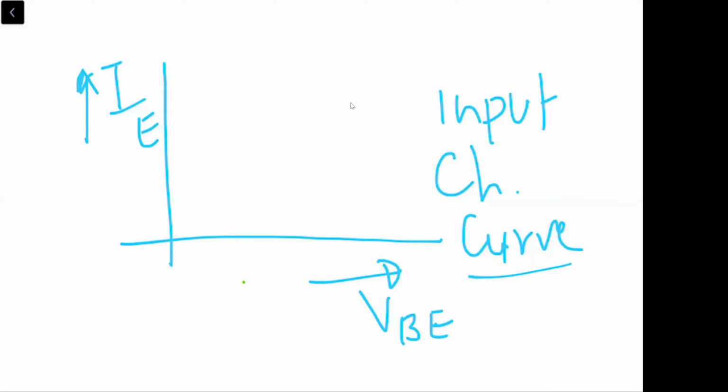So if I say over here it is 0.7 volts, this means before 0.7 volts, the curve will be along the horizontal axis, and once it overcomes the 0.7 volts, the curve will be something like this for the actual diode. But if we go with the practical one, it is at 0.7 volts.